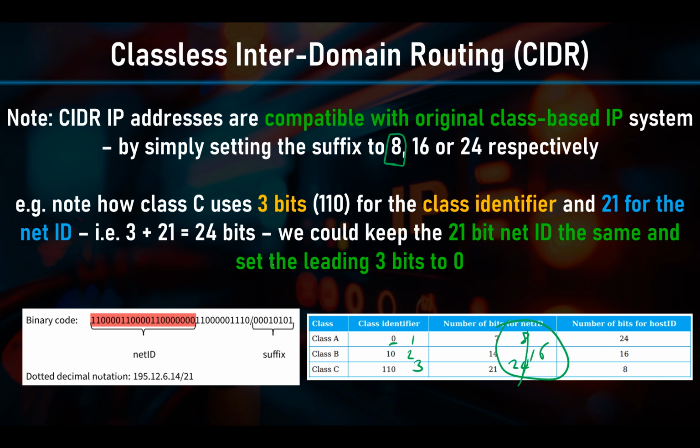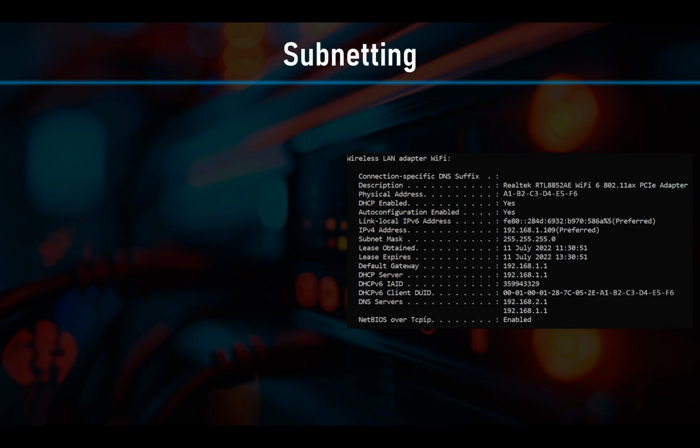For example, if we want class C, since that uses 3 bits to specify the class, 110 as the class identifier, what we can do is keep the 21-bit net ID the same and just set the leading 3 bits to 0, because if we're thinking about binary, 1, 2, 4, 8, 16 and so on, if we start with 0, 0, 0, then of course it's not going to change the actual value. Hopefully that makes sense.